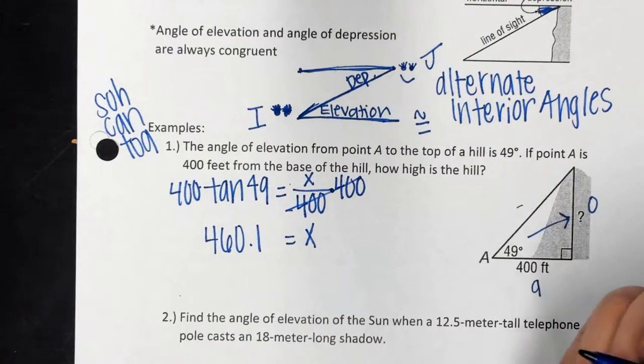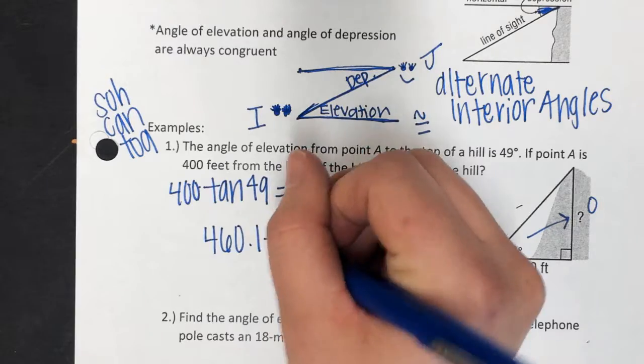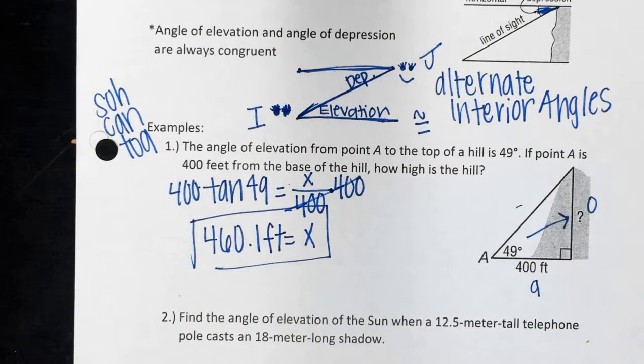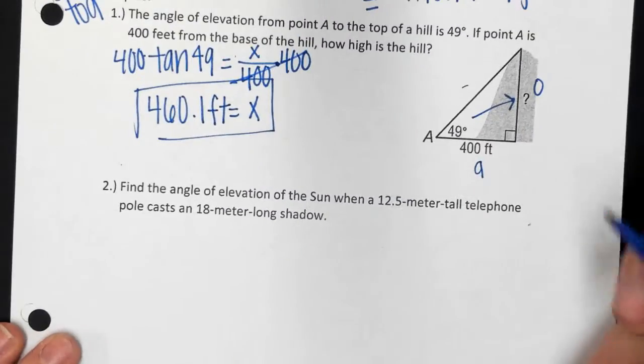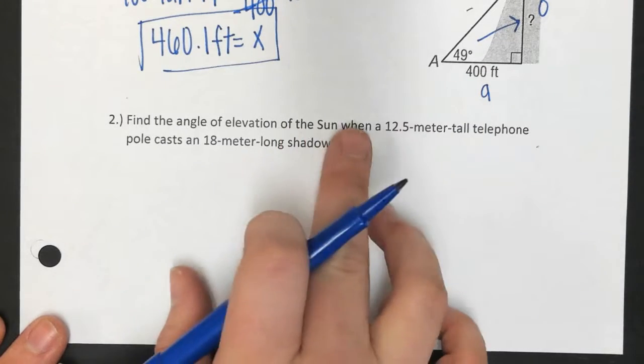What? Degrees. No. Feet. Yes, feet. Okay, number 2. So the hill is 460.1 feet tall.